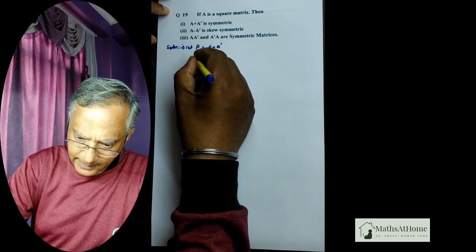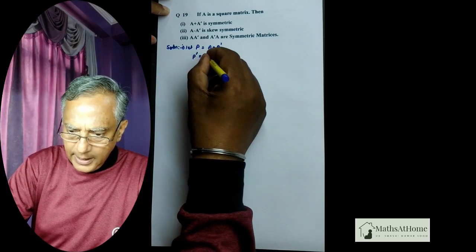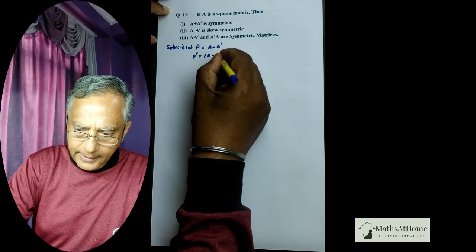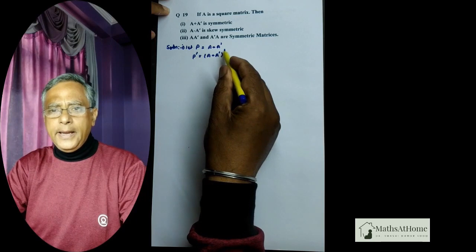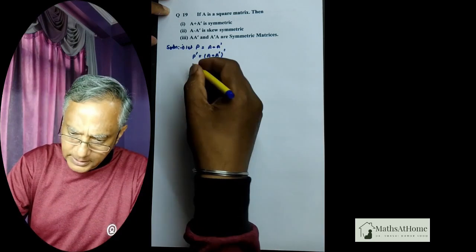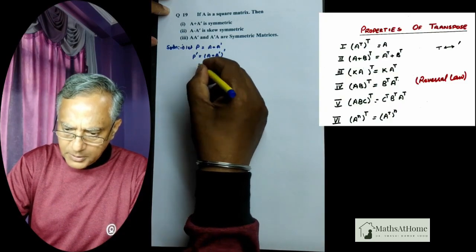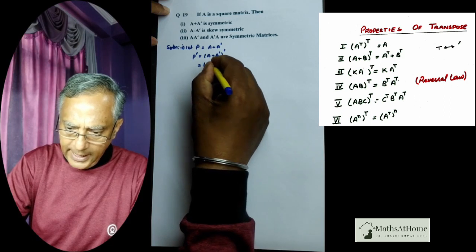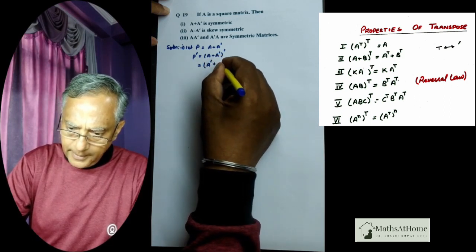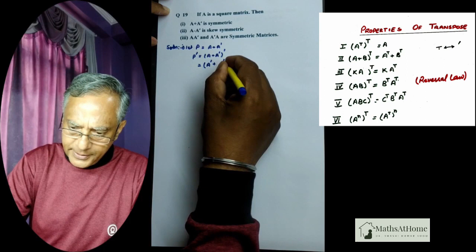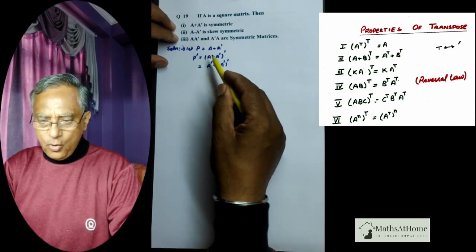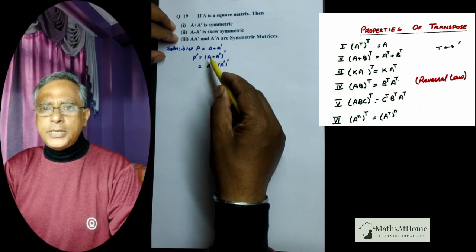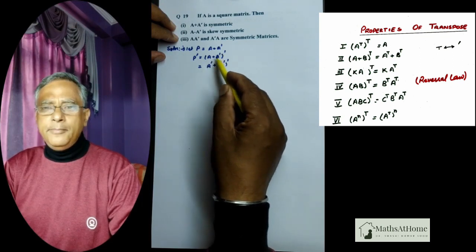So P dash is equal to A plus A dash, whole dash. Transpose of A plus A transpose. So this is equal to, by property of transpose, A dash plus A dash dash. We know A plus B transpose is A transpose plus B transpose.